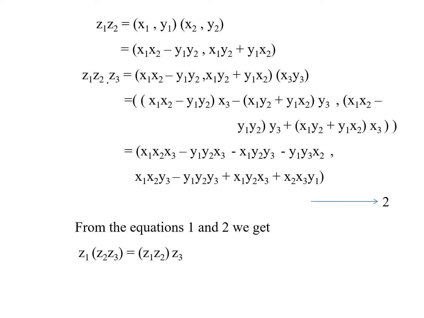So again we use the multiplication of any two complex numbers, and we get the result x1 x2 x3 minus y1 y2 x3 minus x1 y2 y3 minus y1 x2 y3 comma x1 x2 y3 plus x1 y2 x3 plus x2 x3 y1 minus y1 y2 y3. So now we compare equation 1 and 2. These are equal. So therefore z1 into z2 z3 equals z1 z2 into z3.